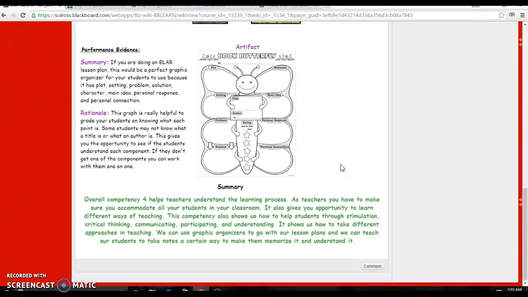Alright, moving on to my performance evidence. My artifact is a simple graphic organizer. It's called the Book Butterfly. It has plot, character, setting, main idea, problem, personal response, personal connection, solution. It also gives the students a chance to name the title of the book, the author, and how they rate the book.